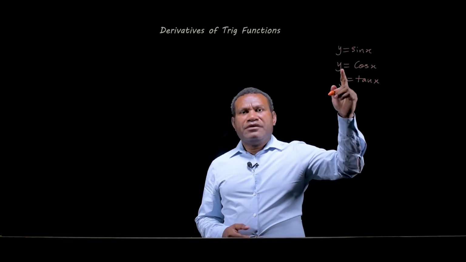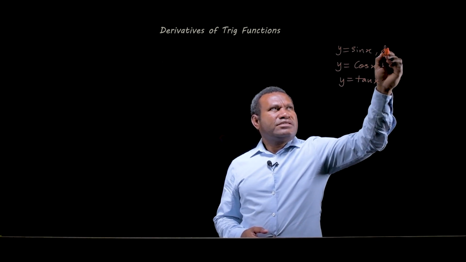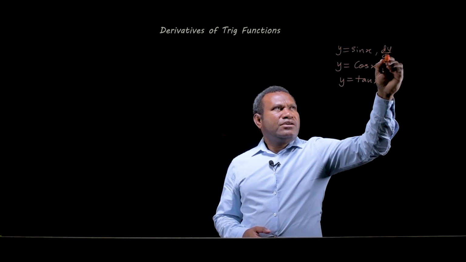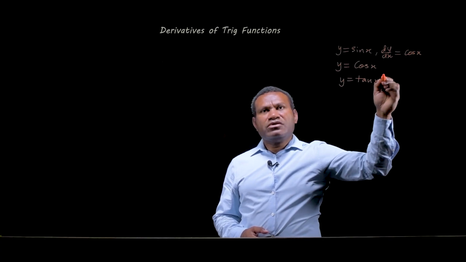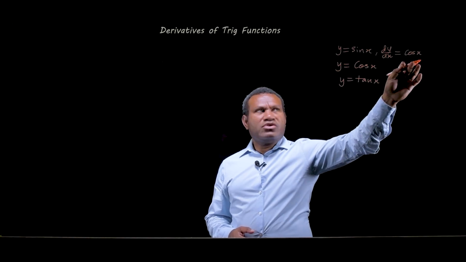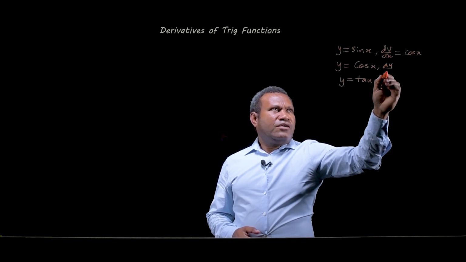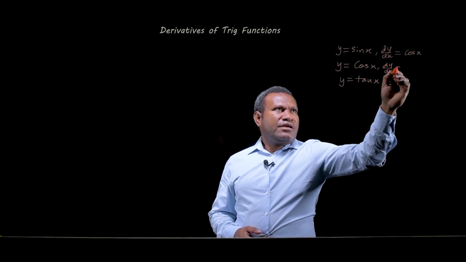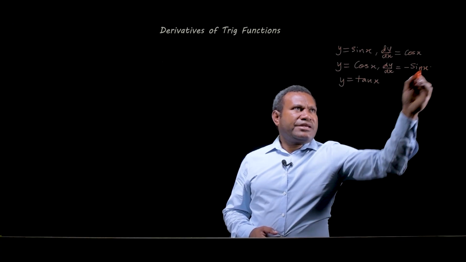So if y is equal to sine x, then the derivative of this function, dy over dx, will be equal to cos x. Take note, if you are given a function y equals sine x, then its derivative is cos x. The derivative of cos x will be negative sine x.